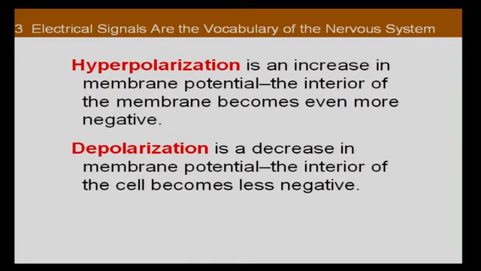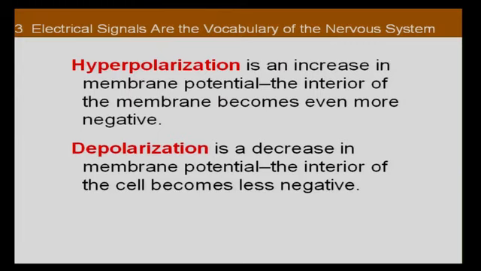Hyperpolarization is an increase in the membrane potential where the interior of the membrane becomes even more negative. So I told you we started out at rest at negative 60. Hyperpolarization would be going down to negative 80, negative 100, negative 120. That's hyperpolarization of the neuron.